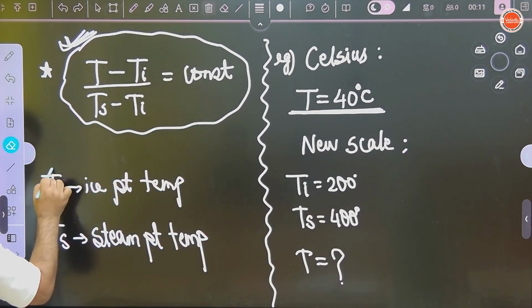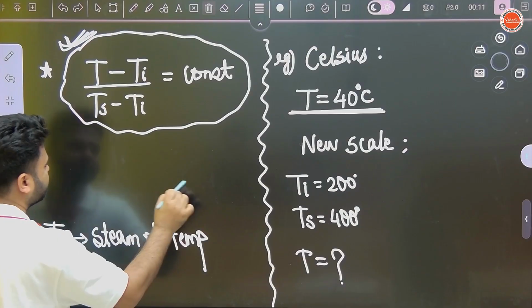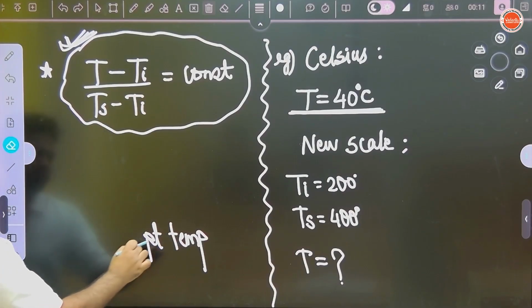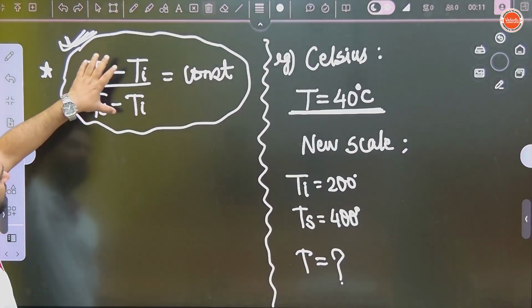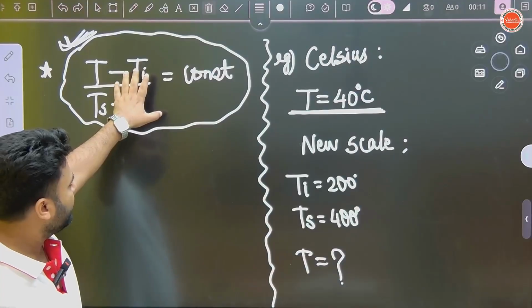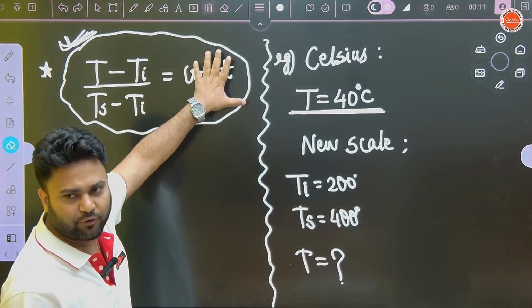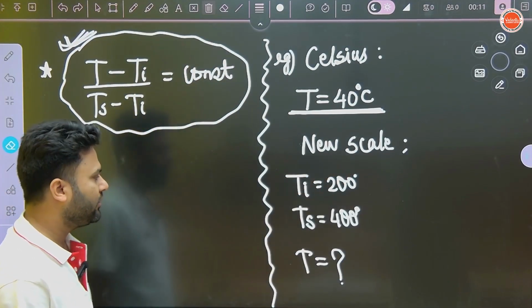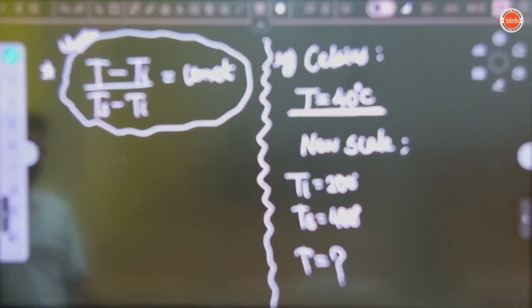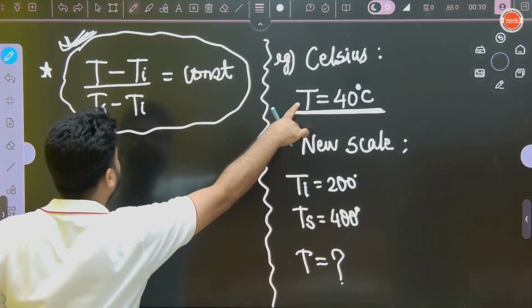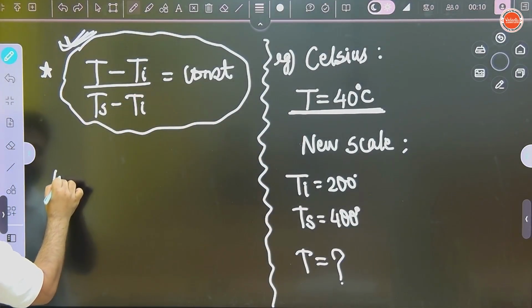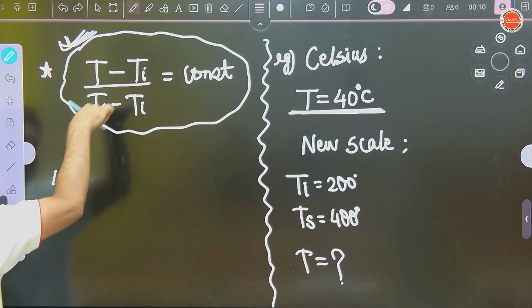Very easy only. How to use? We will write this formula for the Celsius scale, equals, we will write this formula for the new scale. For the Celsius scale, T they have given 40 degree, minus ice point.